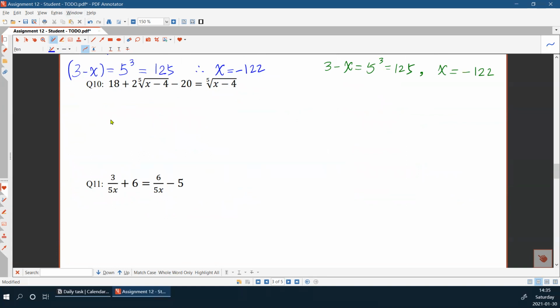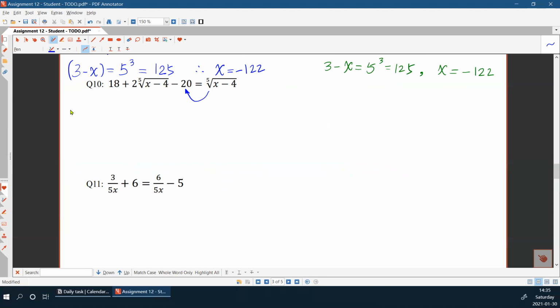Okay, next question, which is very similar to question 9, right? So you can move the term on the right-hand side to the left-hand side and move all the constants to the right-hand side of the equation.